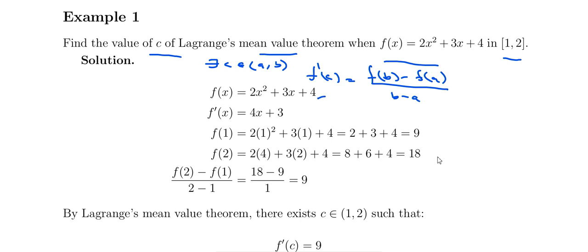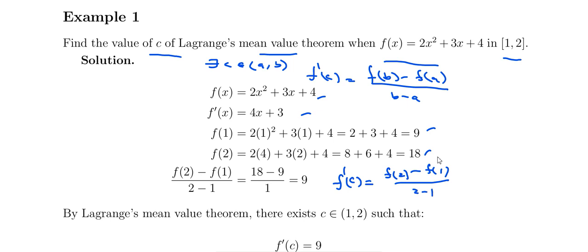So that is the property. The f of x is given, so we can find out f dash of x. We can also find f of 1 and f of 2 because they are the endpoints, then f dash of c equals something. So f dash of c is 4c plus 3. So f dash of c equals f of 2 minus f of 1 divided by 2 minus 1.